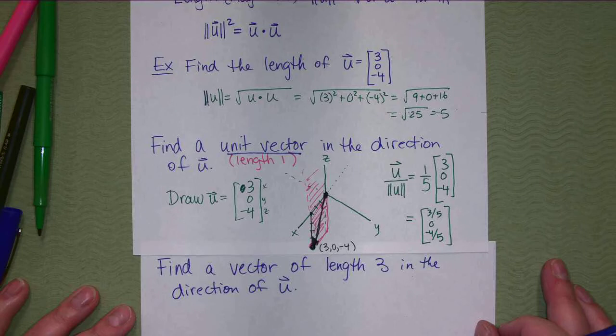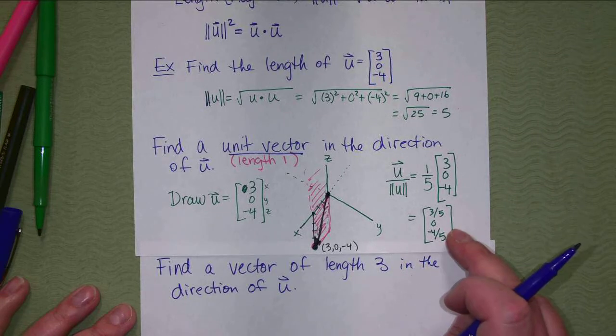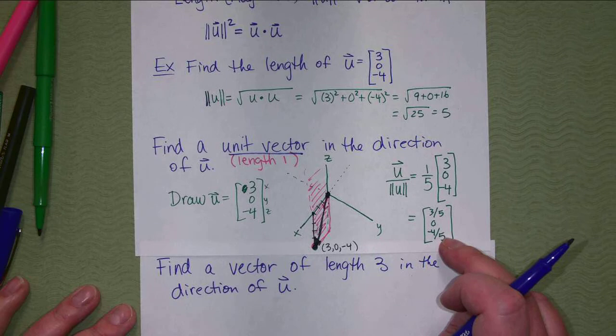Don't think too hard, because it's actually not very hard. This is a unit vector, so this has length 1. How would we make it length 3? Multiply that by 3. Yeah.